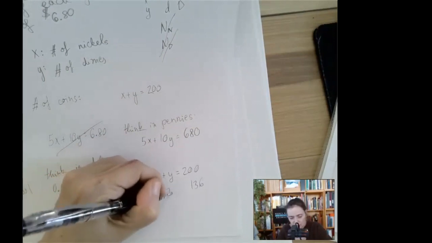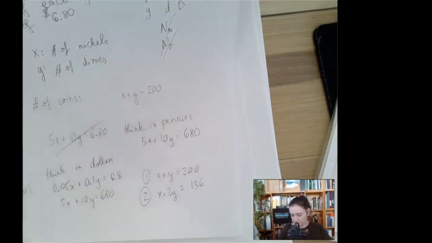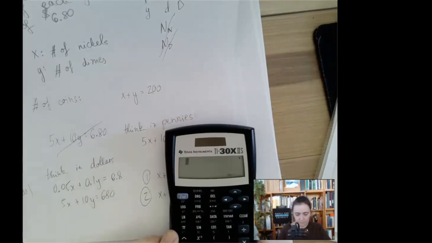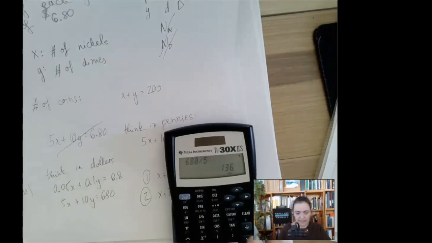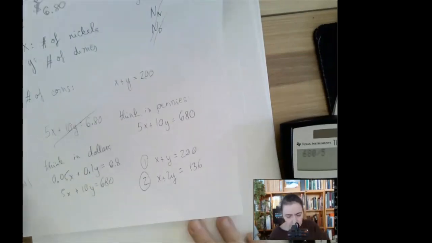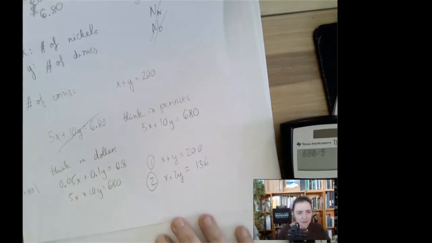x plus 2y equals... Okay, and then maybe now you get away with subtracting. Why? Because there is no... something is wrong though.